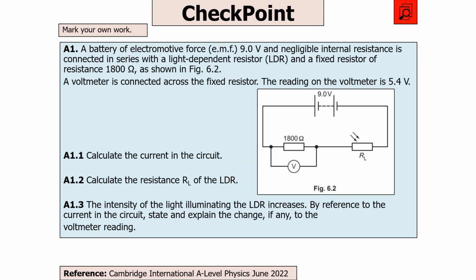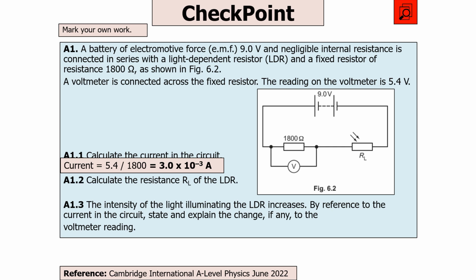Right, in this first one, you know the resistance of the resistor, you know the potential difference across the resistor because you know the value from the voltmeter. So you can work out the current for that resistor and it's going to be the same everywhere because it's a series circuit. Always look to see what combinations of values you have given in that circuit. So the current is going to be equal to V, 5.4, over the resistance 1800, so you get 3.0 times 10 to the minus 3 amps.